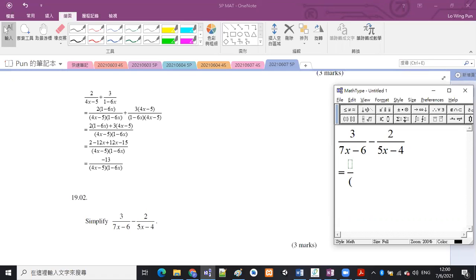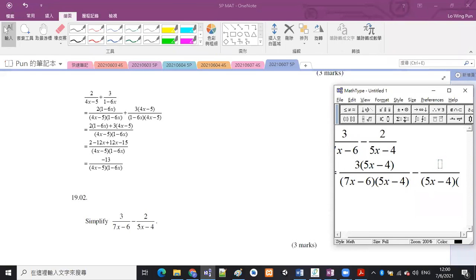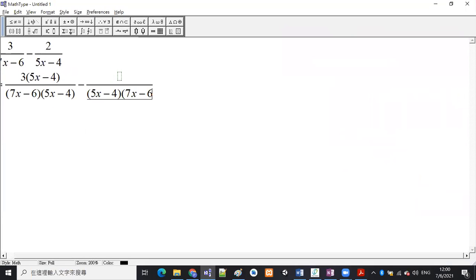Originally for the first fraction, I have 7x minus 6 and I don't have 5x minus 4. So just multiply the 5x minus 4 to both the top and the bottom. For the second fraction, I have 5x minus 4 and I don't have 7x minus 6. So just multiply 7x minus 6 to both the top and the bottom.